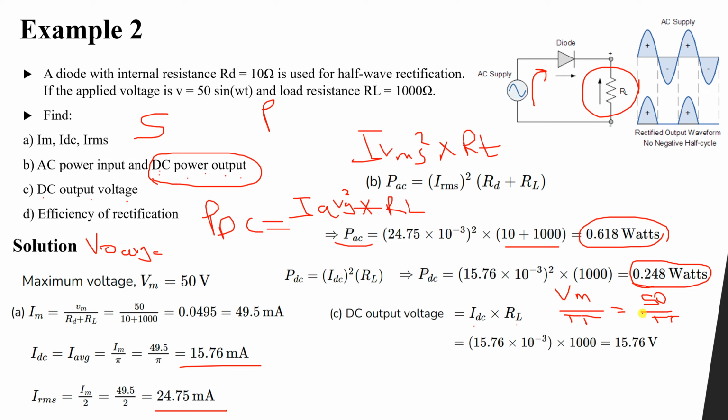However, there is a very important note here. V max over pi is the average voltage of the output signal. However, remember, we obtain this relation when the diode resistance was equal to 0, a short circuit.